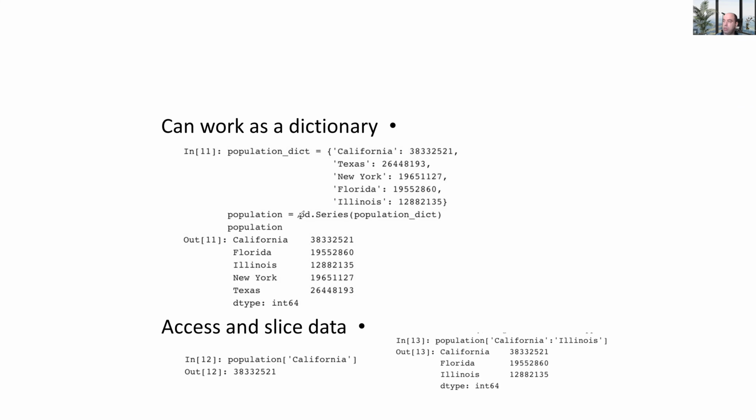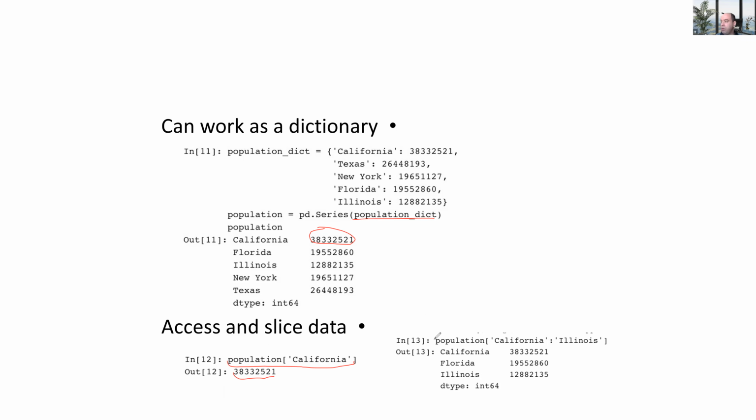Then I define the series in terms of the dictionary instead of two lists, which is the same, but now the keys of the dictionary are the index, and the values of the dictionary are the values of the series. And of course, the same way as before, I can use the index to get to a certain value. So population California, I get the number from here. The same way that I would do with a dictionary, but in a series.